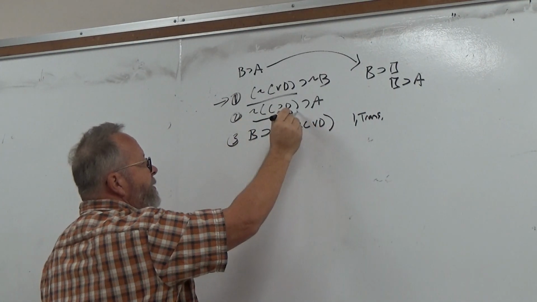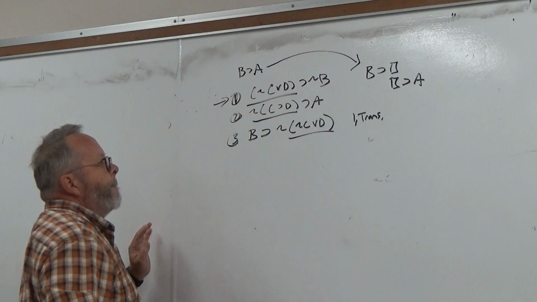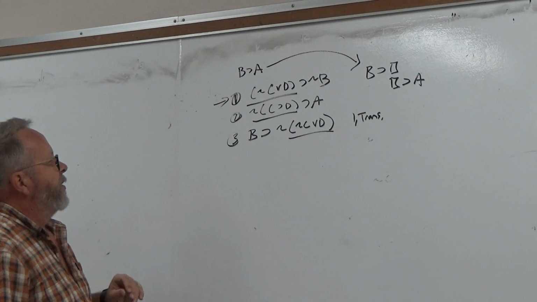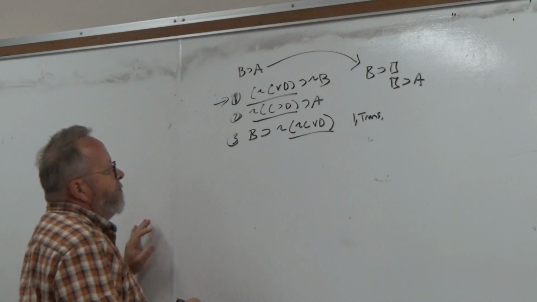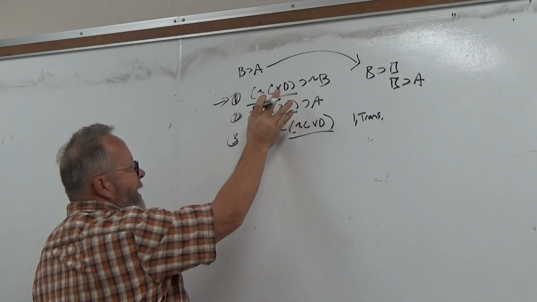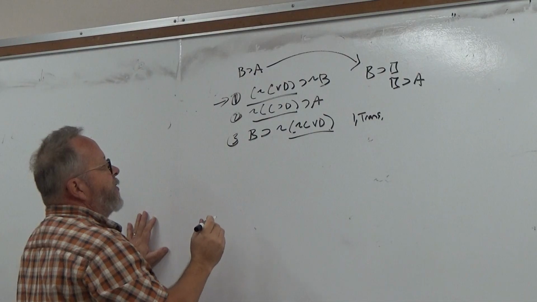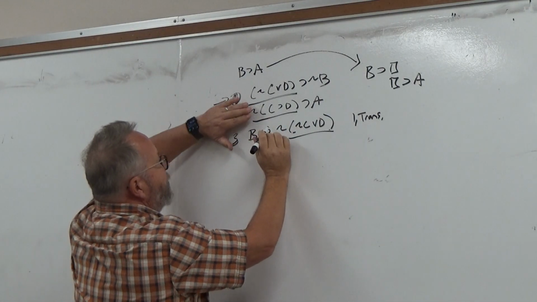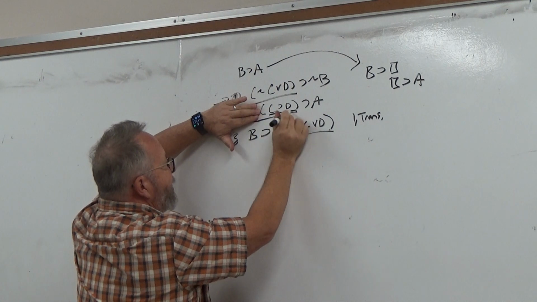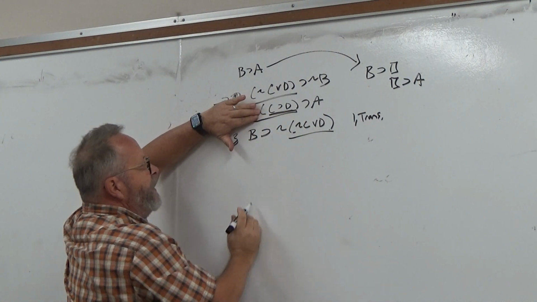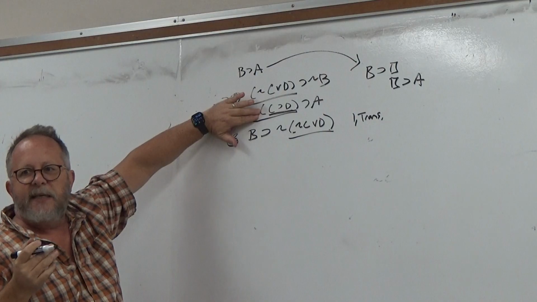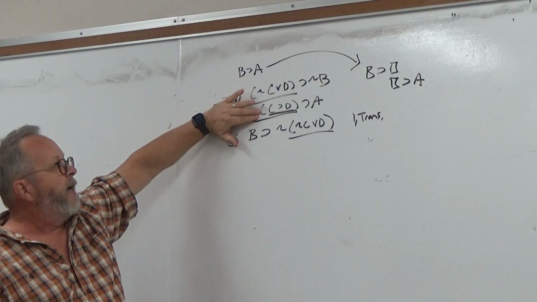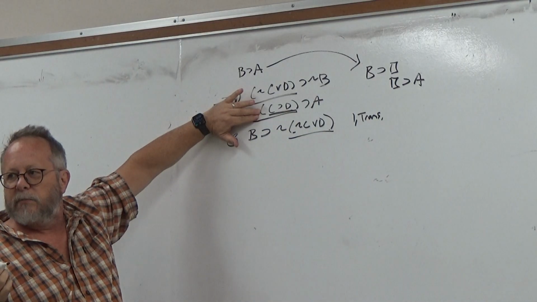The problem is the blanks don't match. Everybody see that? Okay, so I need to make this match that, or vice versa, okay? So what I'm gonna do is I want you to think about line 2, and I want you to think about just inside here, C then D. I'm gonna convert the C then D into its equivalent OR.